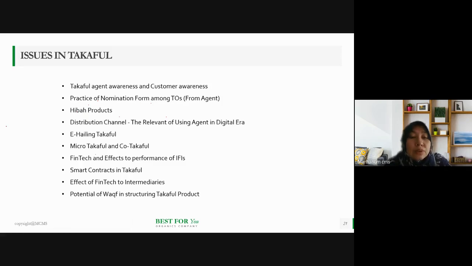So we can also investigate the relevancy of using agents to approach the customer and be part of the distribution channel. What is a distribution channel? It is a marketing channel for takaful. Nowadays, I think takaful has many distribution channels.